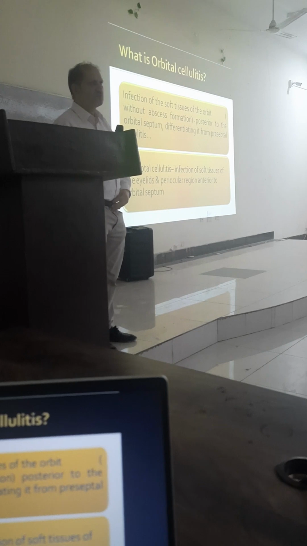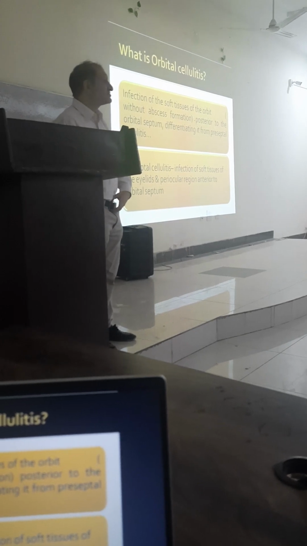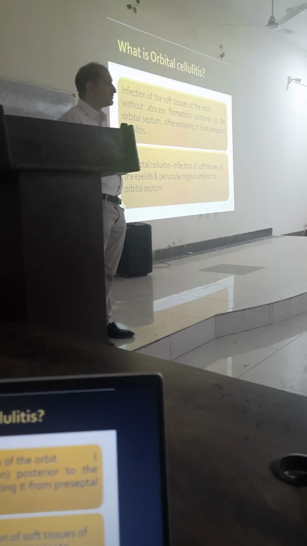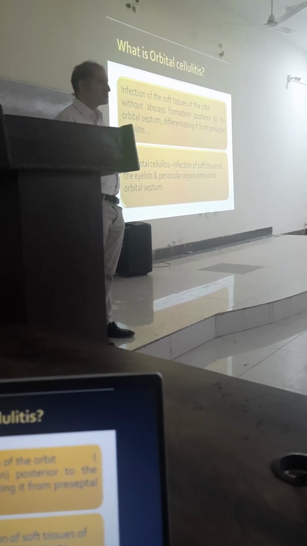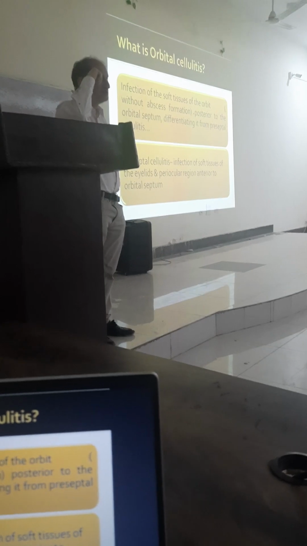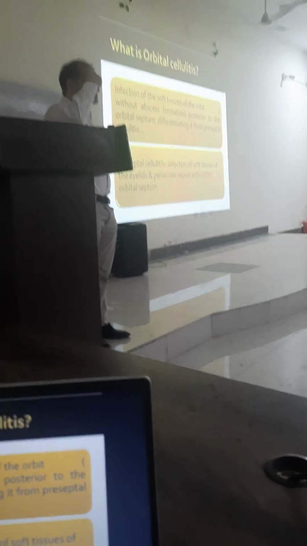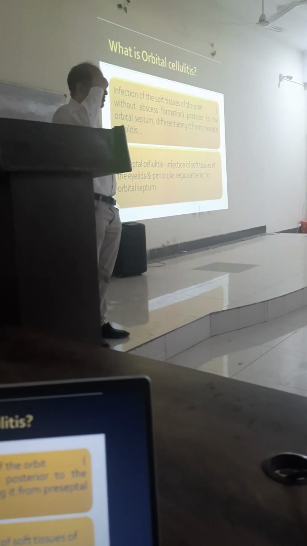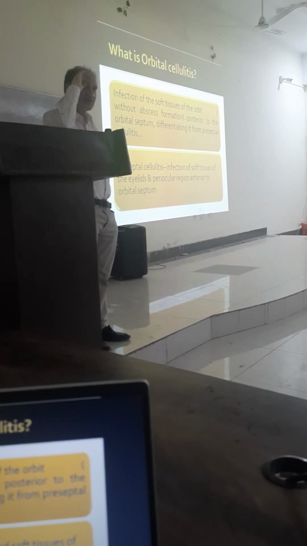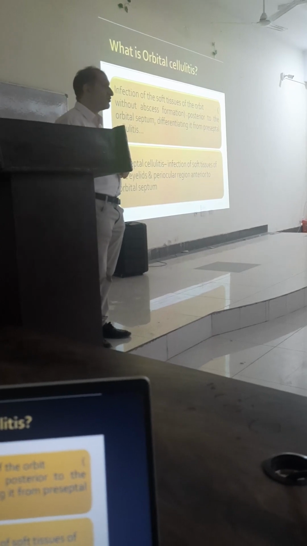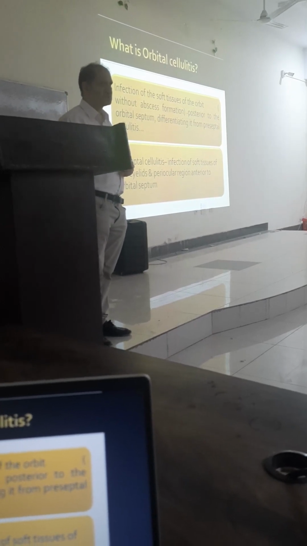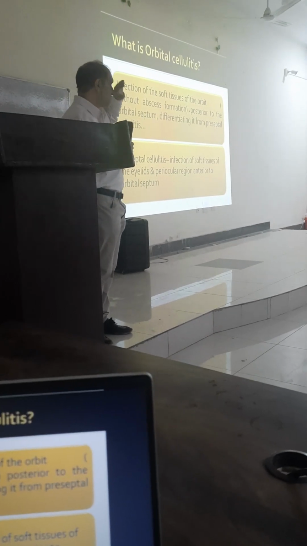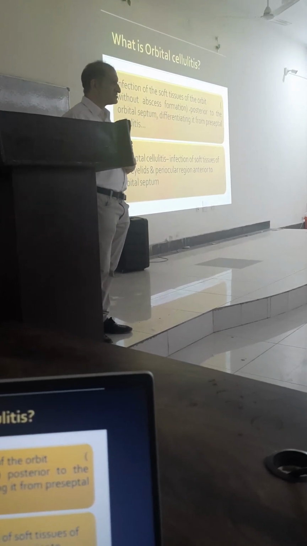What is the septum? Septum is a fibrous tissue which is from the superior orbital rim, and which gets attached to the tendon of levator palpebrae superioris, LPS.